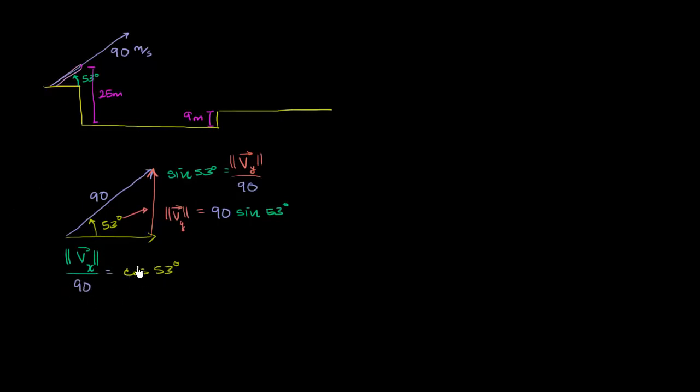Cosine is adjacent over hypotenuse. Adjacent, that's this length, over 90. Multiply both sides by 90. You get that the horizontal component is equal to 90.